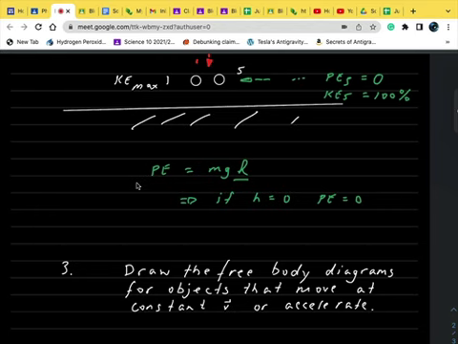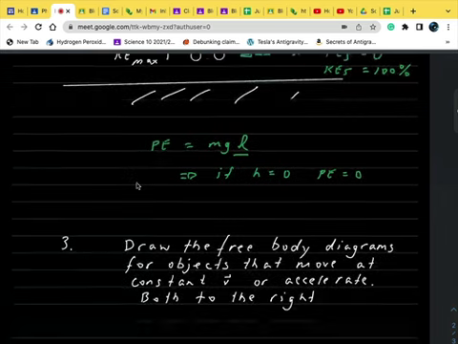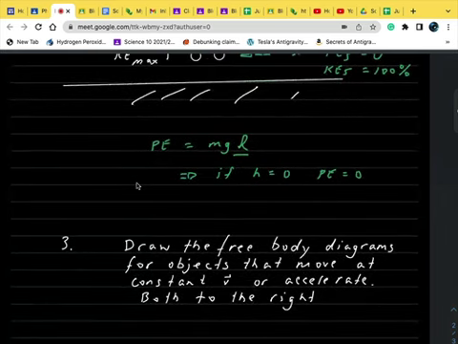And included with that, we're going to deal with sideways motion, moving to the right, and then we'll deal with upwards motion. So both to the right, we'll deal with that first for constant velocity and acceleration, and then upwards.